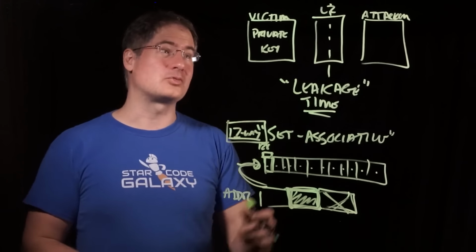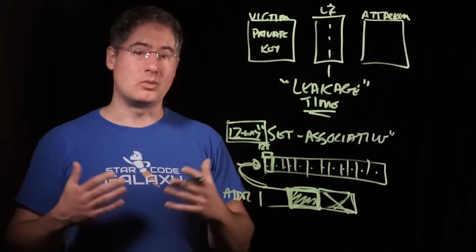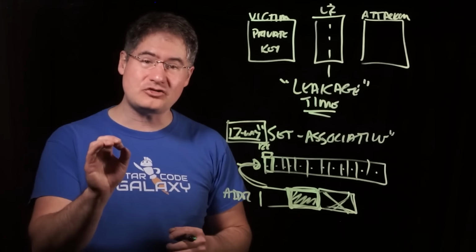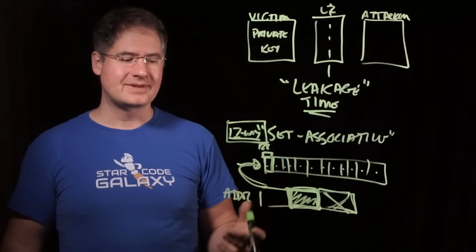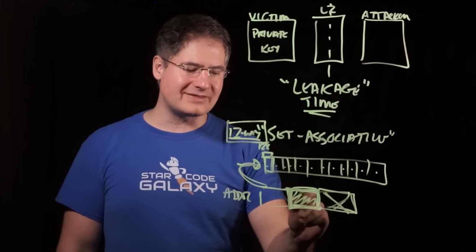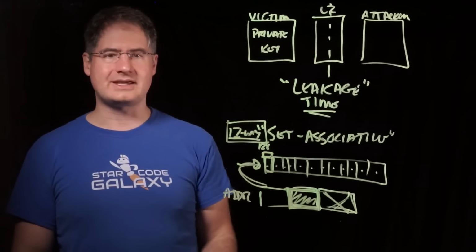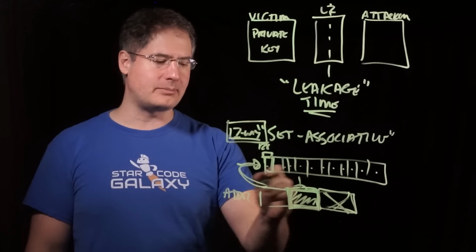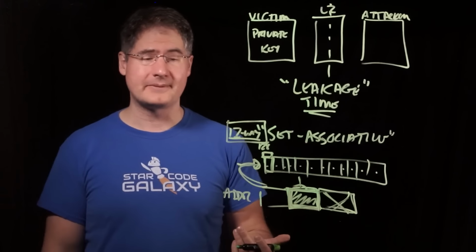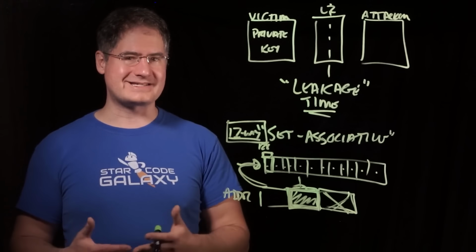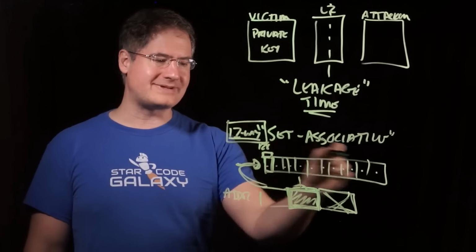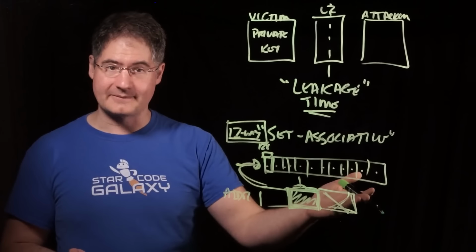But the problem here is we're talking about an attacker. So once we're talking about someone who's intentionally trying to do something malicious, well, now all bets are off. Obviously, if the only thing that's determining where in the cache you're going to be are these middle bytes of the address that you were looking up, well, an attacker could clearly try to craft a set of addresses that all map to the same 12-way set.